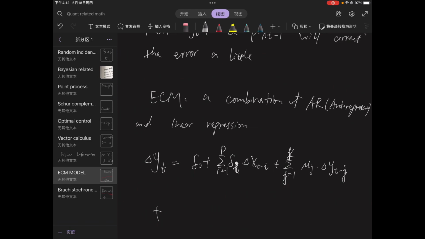And then we add the long term: lambda times yt minus 1 minus alpha minus beta times xt minus 1, plus epsilon t.